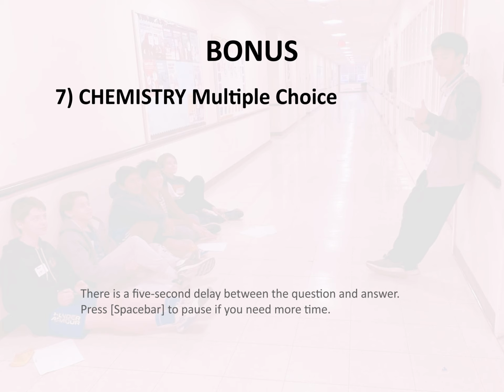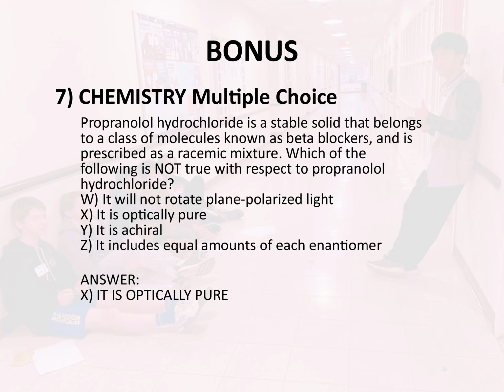X. It is optically pure. Y. It is achiral. Z. It includes equal amounts of each enantiomer. Answer. X. It is optically pure.